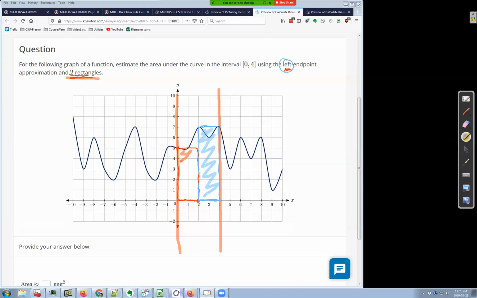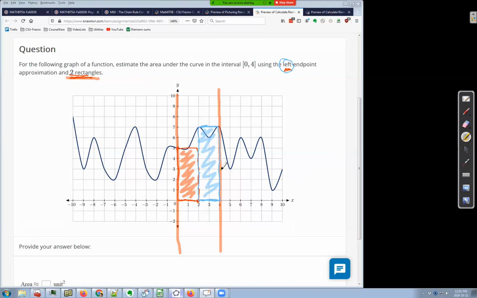Because when I say Riemann sum, you should visualize rectangles, but at the end of the day, the Riemann sum is a number. It's the number that is the area under all the rectangles.